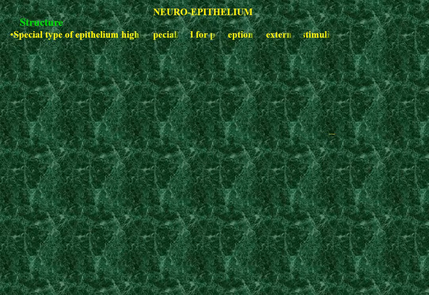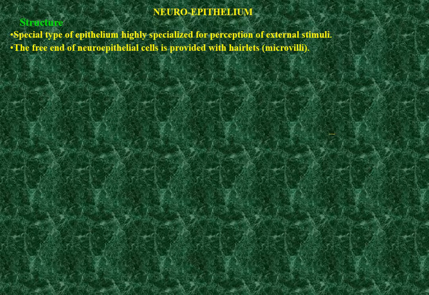Neuroepithelium structure. It is a special type of epithelium which during development has become highly specialized for perception of external stimuli. The free end of neuroepithelial cells is provided with hairs, microvilli.